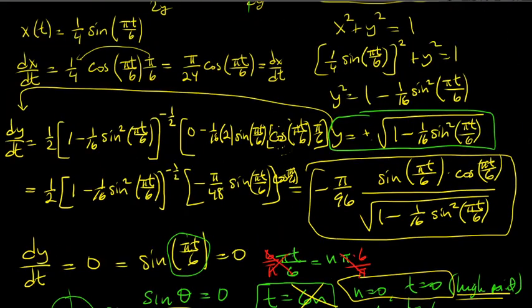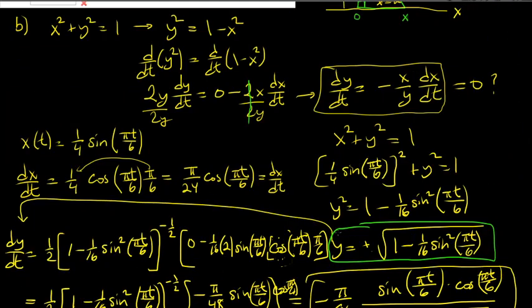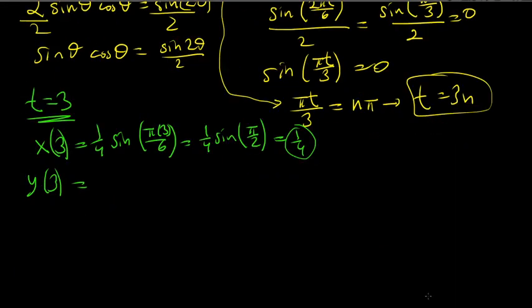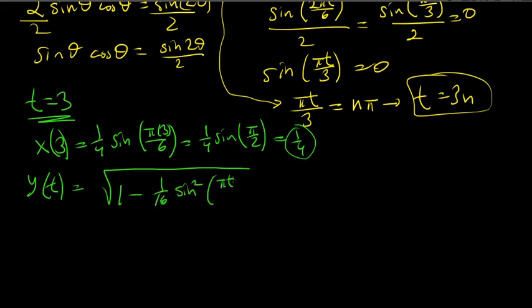So here's the formula for y at the bottom here. So before I do that, let's write down y again. y of t is equal to the square root of 1 minus 1 over 16 times sine squared of pi t over 6.